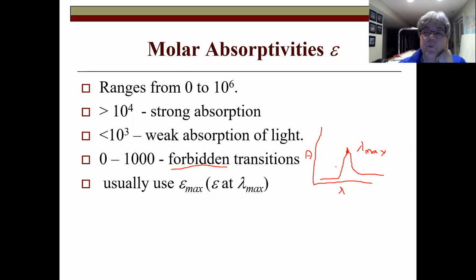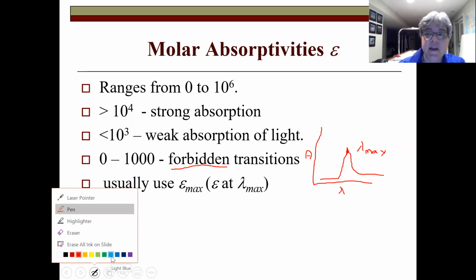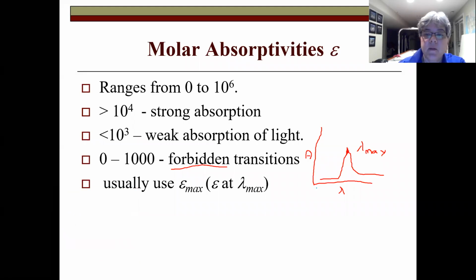And the second reason, remember we talked about for Beer's law, I need monochromatic light. I need 1 wavelength. But I never have 1 wavelength. Remember we talked about that I actually get a band of light. We're going to get this band of light from the monochromator or the filter.